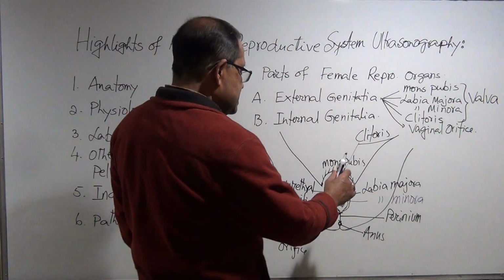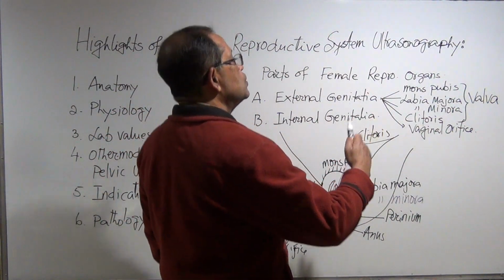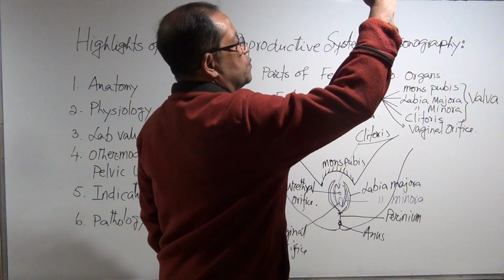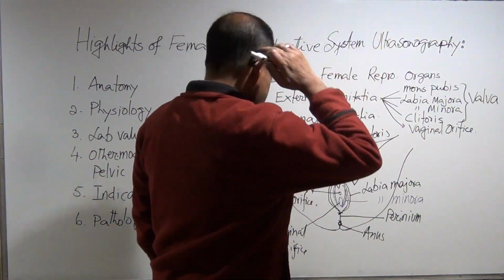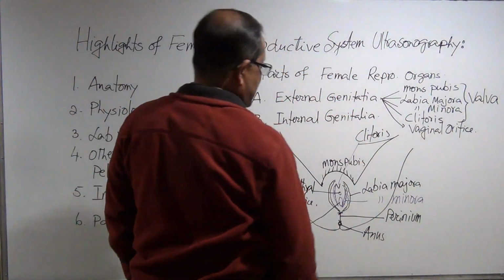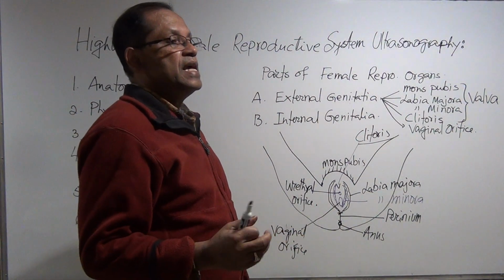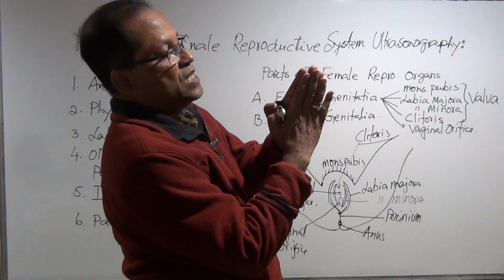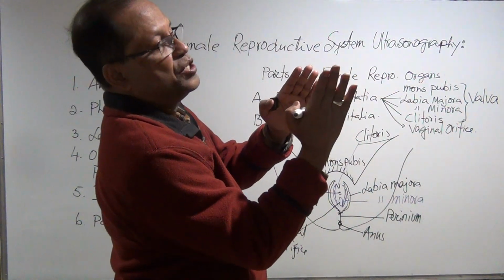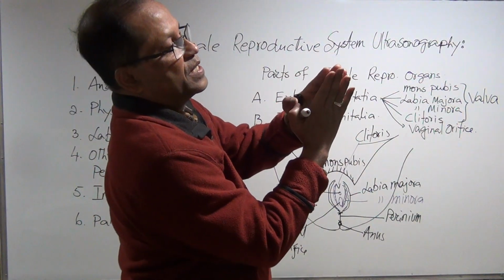The anus goes with the proximal part of the rectum, and the posterior wall of the vagina is nicely attached to the anterior wall of the rectum.